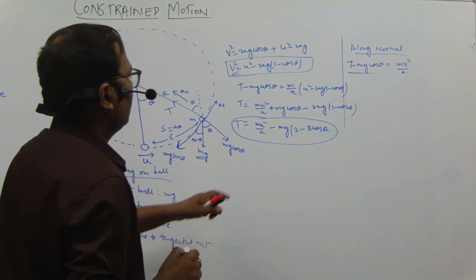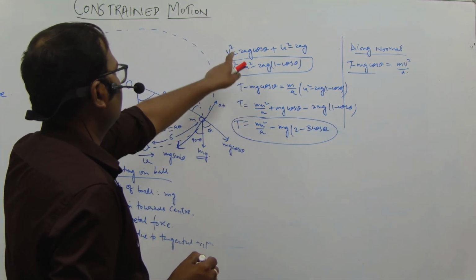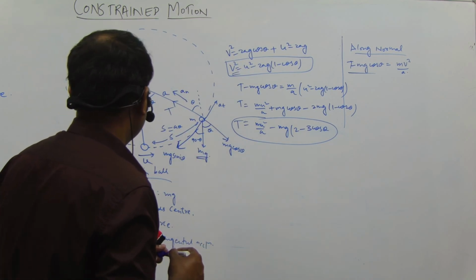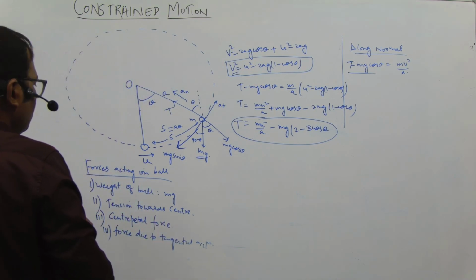Okay, so we have the tension as this and velocity as u square minus 2ag 1 minus cos theta. Okay, so what is our result?